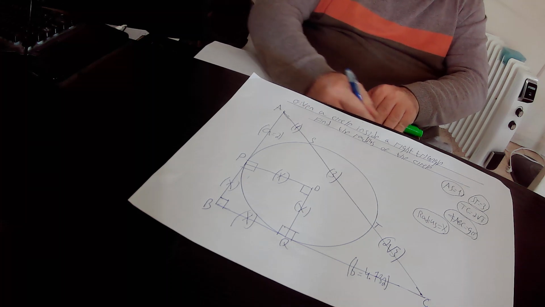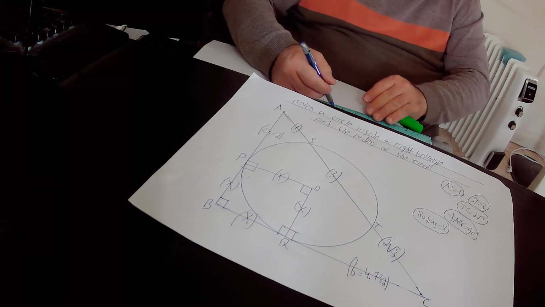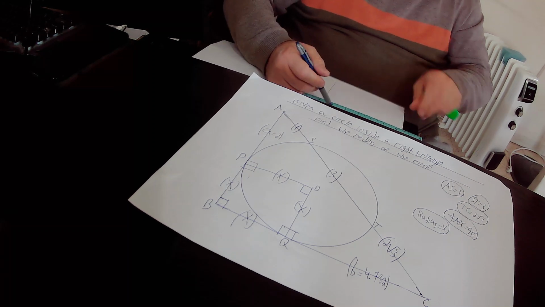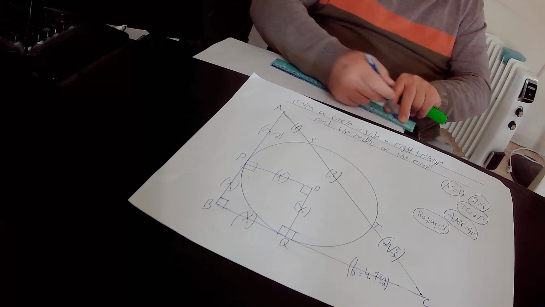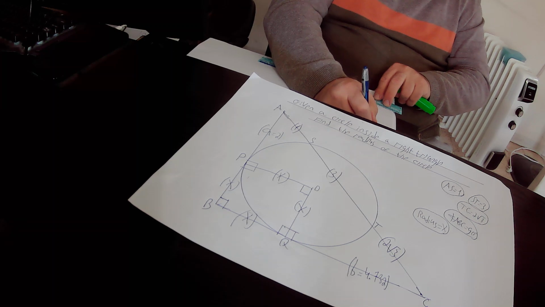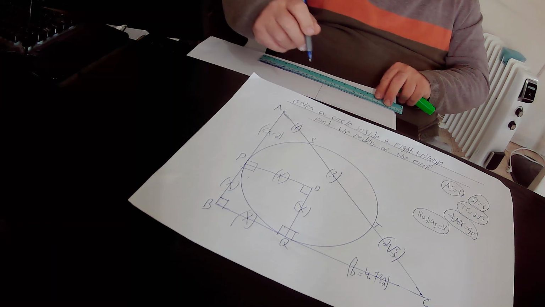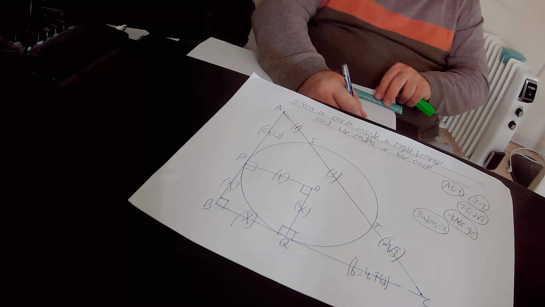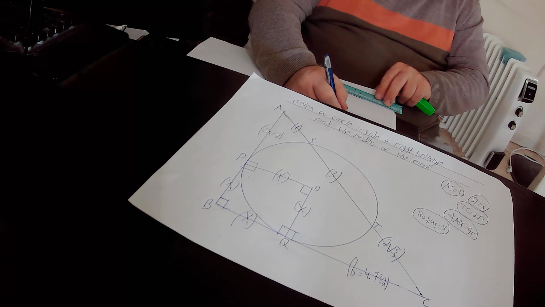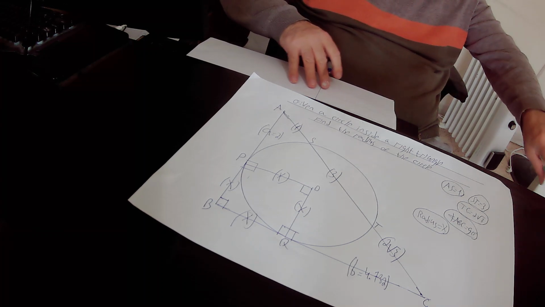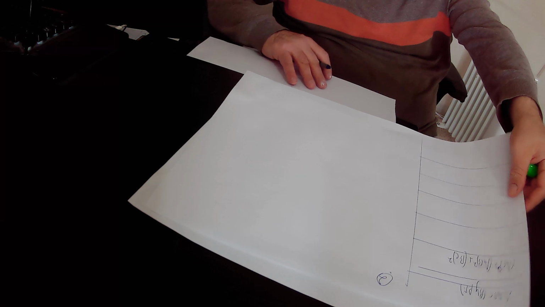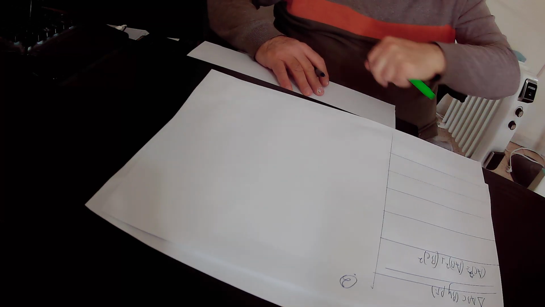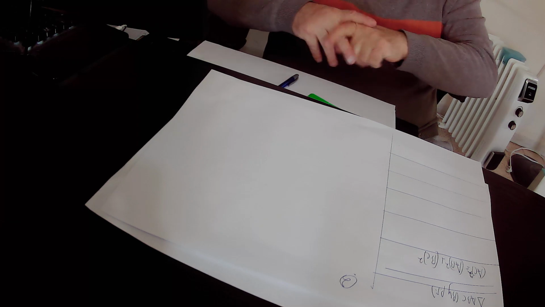Therefore, the square of the hypotenuse is AC squared, and it must be equal to AB squared plus BC squared. Repeat again: in the right triangle ABC, AC squared equals AB squared plus BC squared.